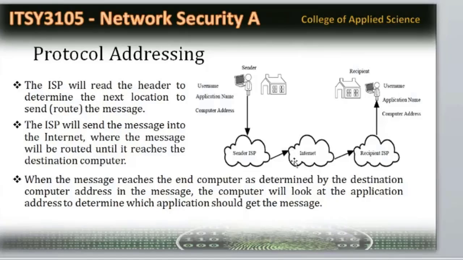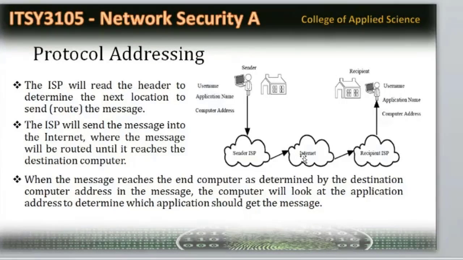Inside the internet, there will be so many routers available. From here, my packet will go to the ISP router. From the ISP router to the next router, next router, next router, you will have a collection of routers. This is called a hop, jumping from one router to another. Don't think only one router will be available. No, there will be plenty of routers available. We don't know exactly how many.